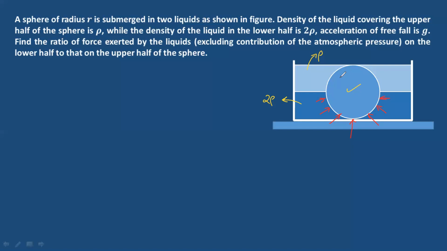So we are supposed to find the ratio of both the forces, right? So we're supposed to find the ratio of this particular force, the net force on the lower half, let's call that F1, and the net force on the upper half, let's call that F2. We're supposed to find the ratio F1 is to F2.